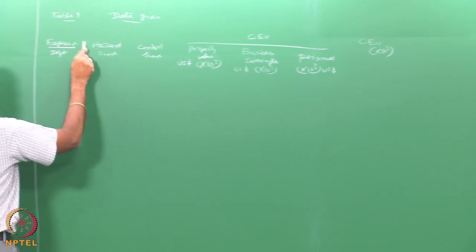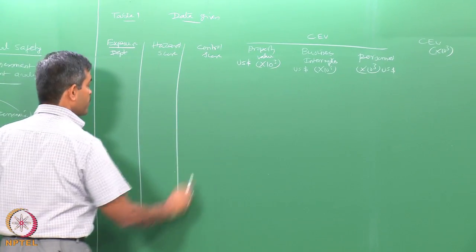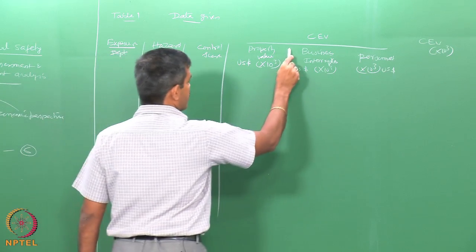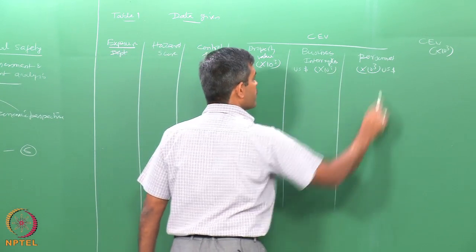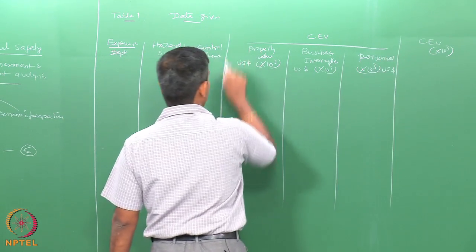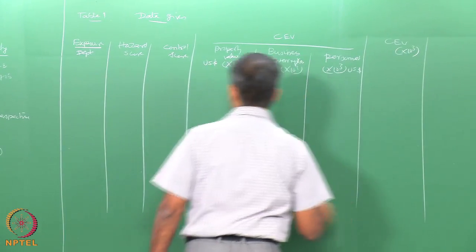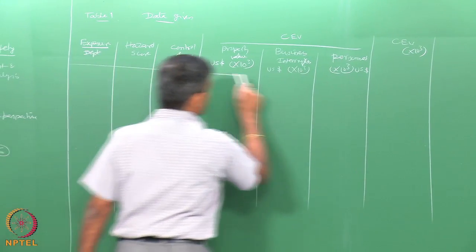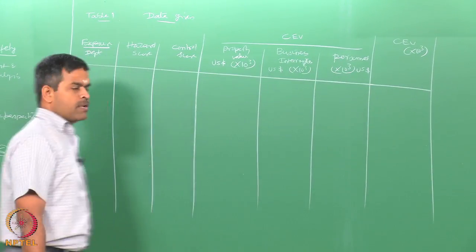Let us prepare a table. Let us have this data known to us for 6 departments.